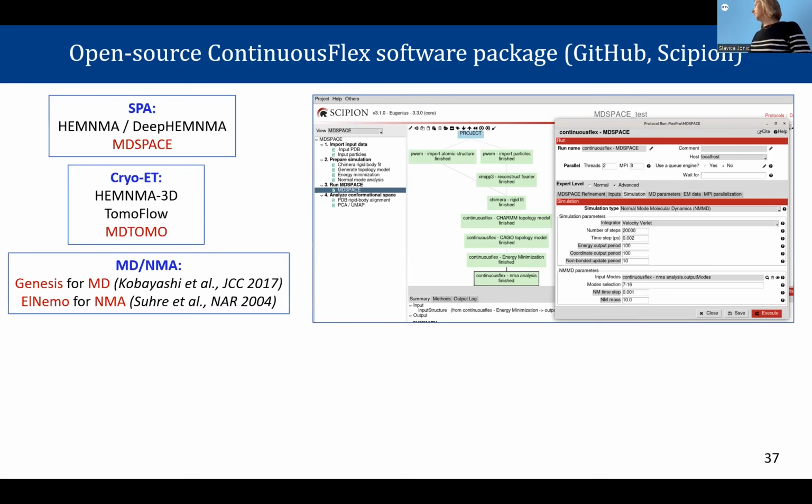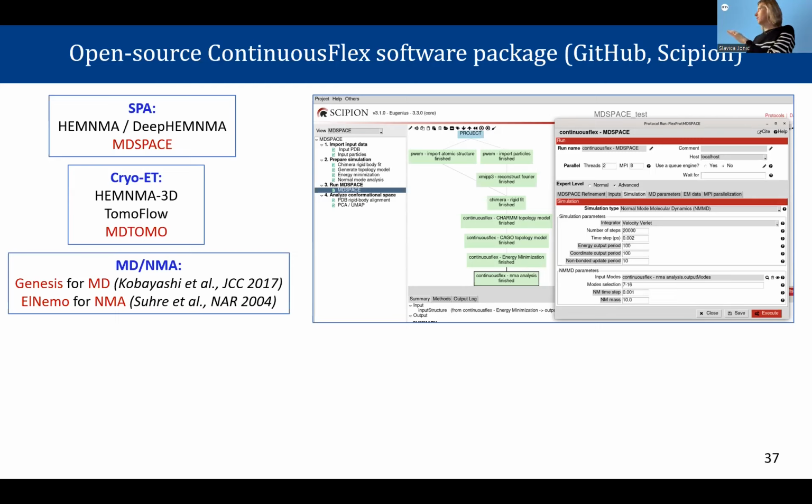So we have this software in which we put different methods. Currently we have methods for single particle analysis based on normal mode analysis only, and one that combines this with supervised deep learning, and then this MD space is represented here. For cryo-electron tomography, again, we have one method that also uses normal mode analysis only to analyze subtomograms, but also one method based on optical flows.